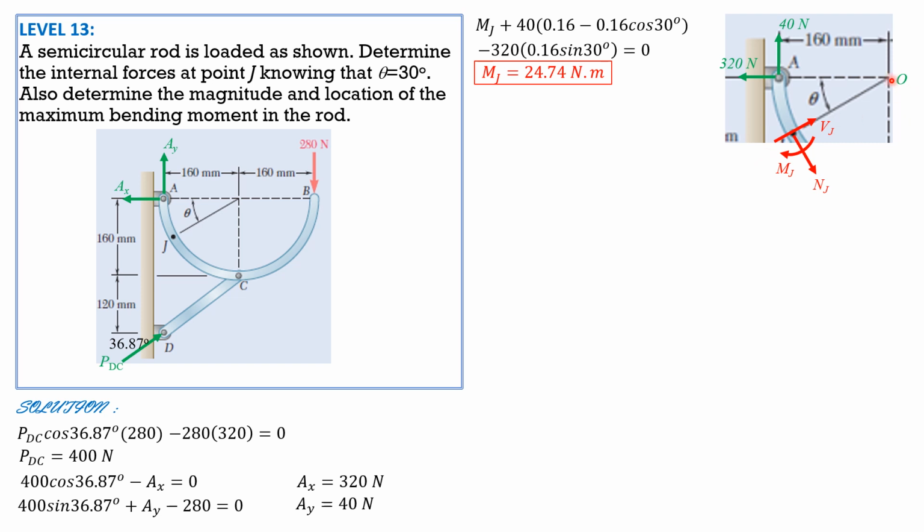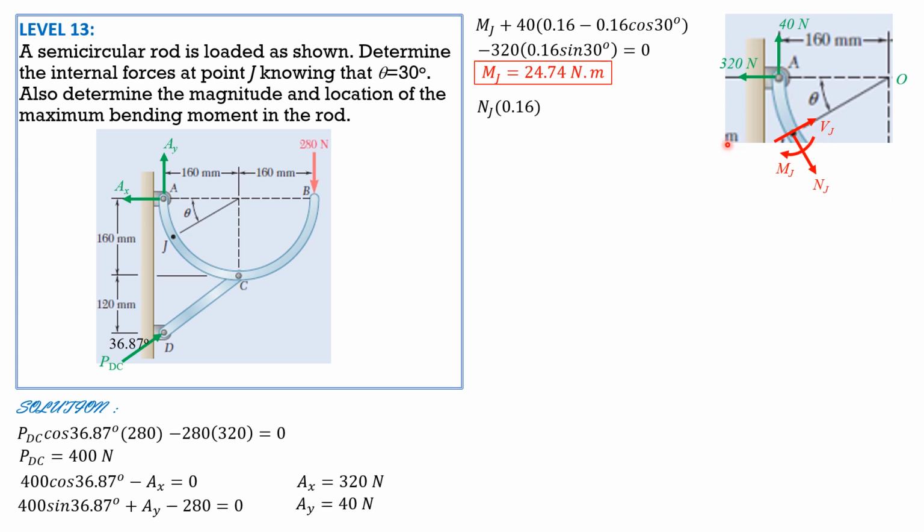My next plan is to sum up moments about O equals 0. So Nj is perpendicular to this radial line, so its moment arm is 0.16. Nj times 0.16, then minus the moment, because that's counterclockwise.